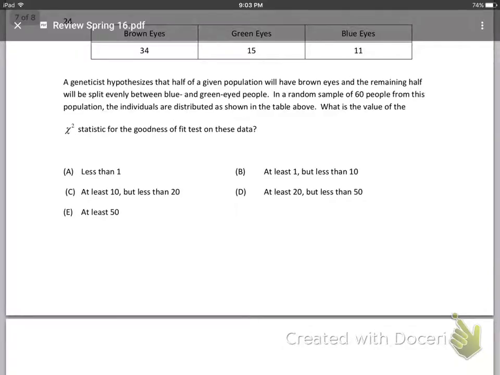Okay, so this problem here is a goodness of fit, and so we know that there's a total of 60 people, and they expect half to be brown eyes, and of those, it would be split evenly. Okay? So I'm going to go into my graphing calculator, and I have two lists, and so I've got my observed, which is 34, 15, and 11, and my expected, which is 30, 15, and 15.